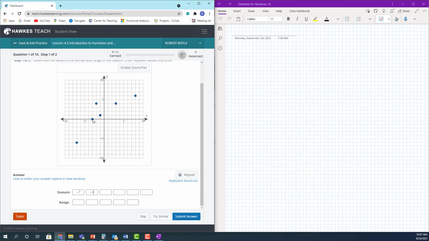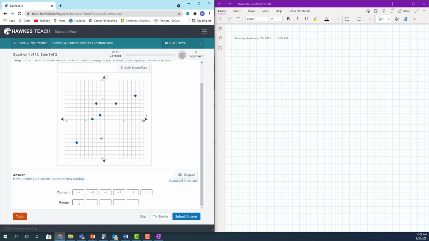The one next to that is at -2. There's one at -1, whose x value is -1. There's another x value at 3. And another x value at, okay, awesome.